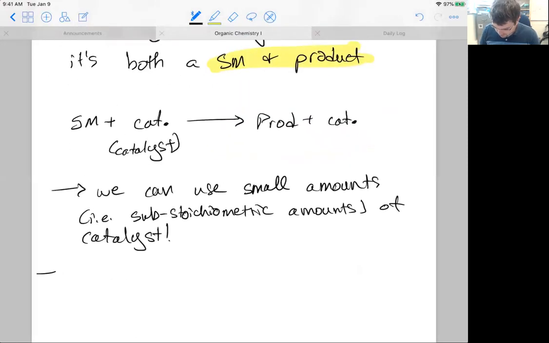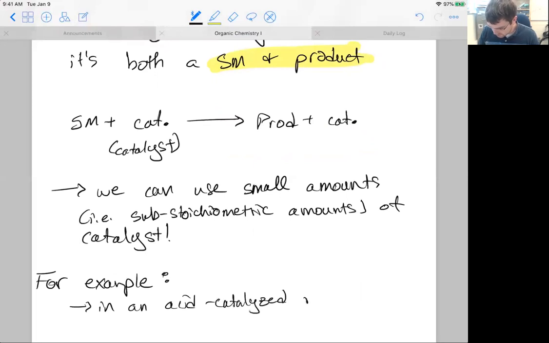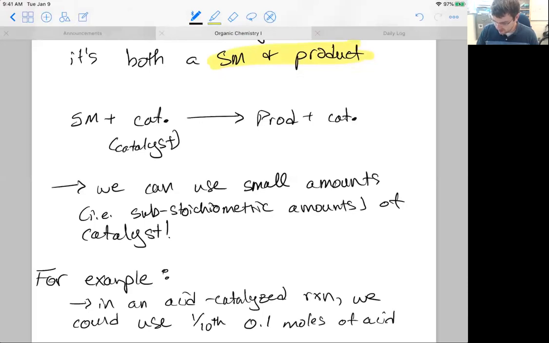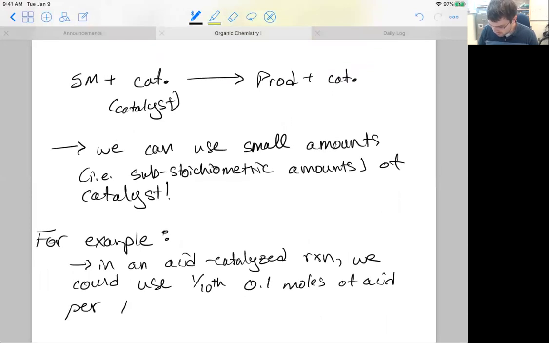Now, for example, in an acid catalyzed reaction, we could use 1/10, or 0.1 moles of acid per 1 mole of starting material.